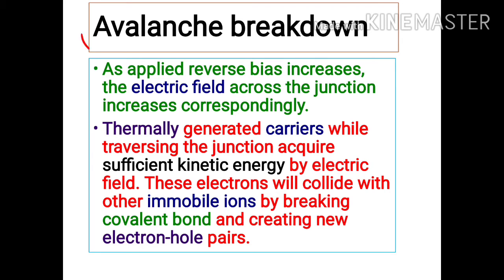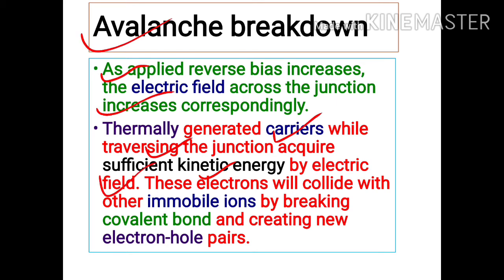So in case of the avalanche breakdown, as we know, as the reverse biasing voltage increases, the electric field across the junction also increases correspondingly. So the thermally generated carriers, it means the free charge carriers, while they are traversing the junction, acquire sufficient kinetic energy from the electric field.